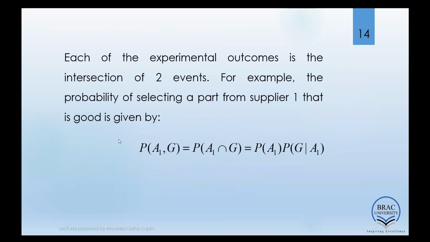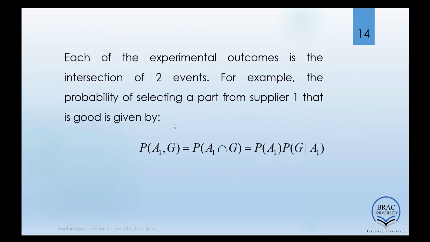For this problem, each of the experimental outcomes is the intersection of two events. For example, if we want to compute the probability of selecting a part from supplier 1 that is good, it can simply be computed as probability of A1 times probability of G given A1.